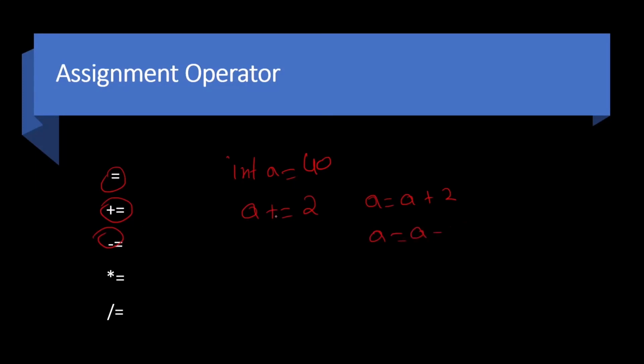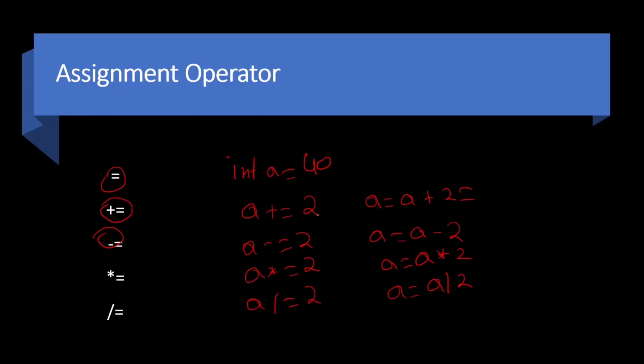If we use a minus equals 2, it means this, and if we use a multiply equals 2, then it is a equals a multiplied by 2, and similarly we can use a divide equals 2, meaning a equals a divided by 2. Now first of all let's see the answer of this.